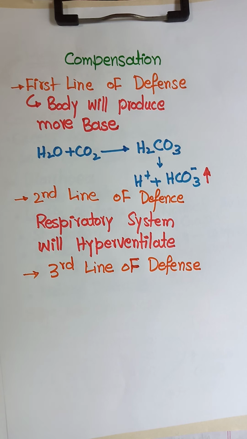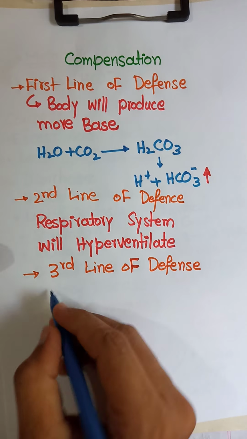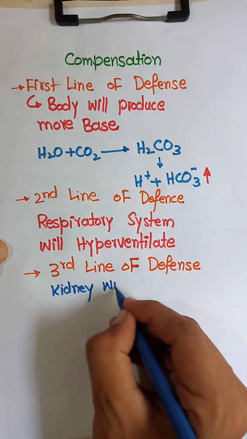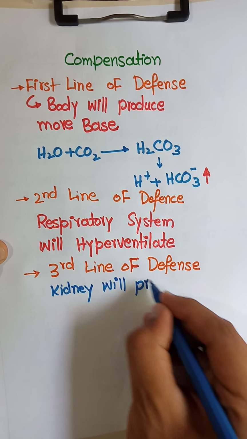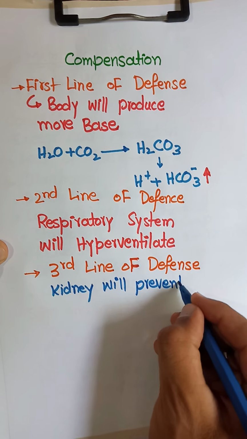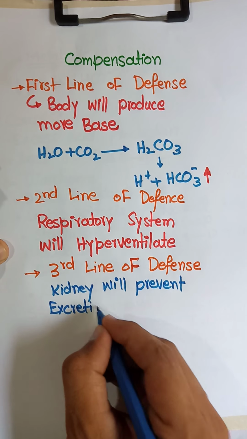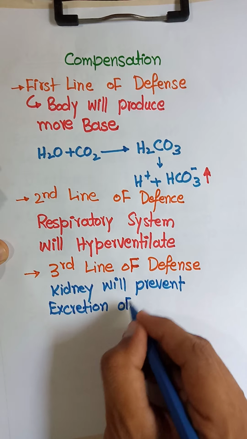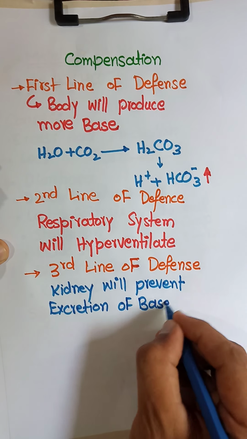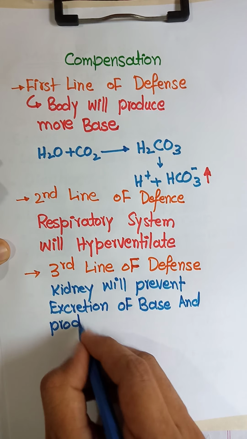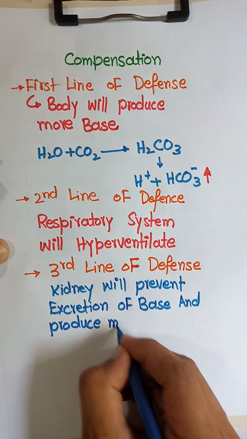And it occurs that the kidney will prevent excretion of base and produce more base.